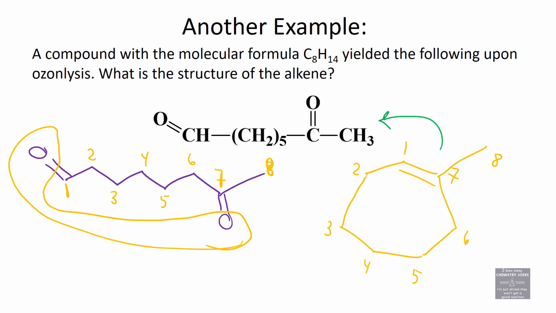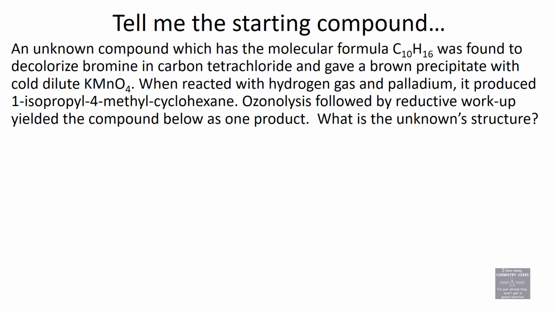Okay, one more example, and this is the end of ozonolysis. An unknown compound, which has the molecular formula C10H16, was found to decolorize bromine in carbon tetrachloride. What does that mean? That means red bromine disappeared when I added my unknown compound to it.